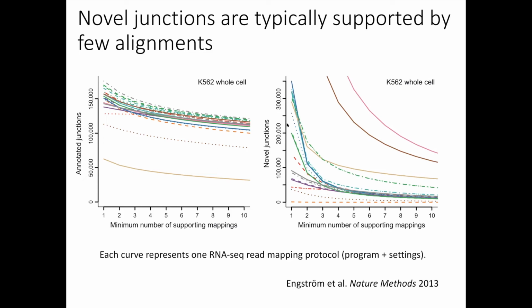And I think this shows two things. One thing, it shows that the aligning programs are doing a really good job of identifying the true intron-exon junctions, because most of the ones that they find have already been annotated before, which is, I think, impressive.